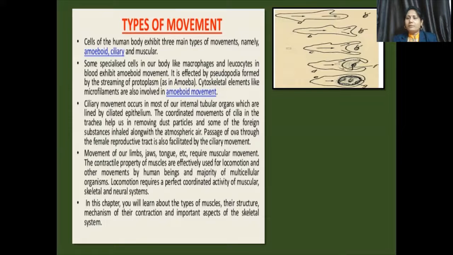The body of the paramecium is covered by cilia, and paramecium mainly shows movement with the help of that cilia. Some organs also show cilia, and the movement of that cilia mainly passes the material in a forward direction. Okay.